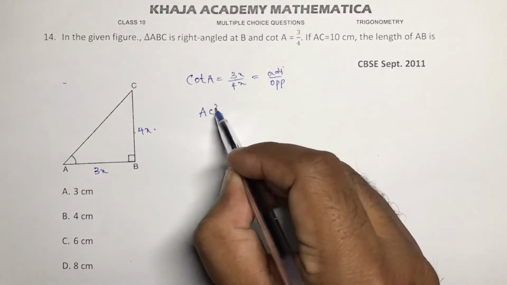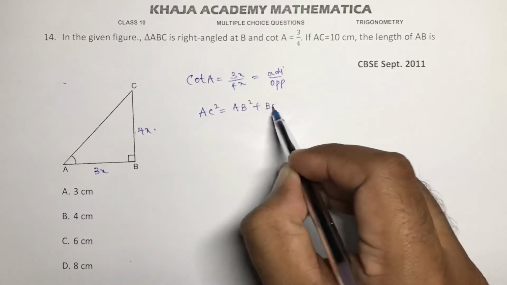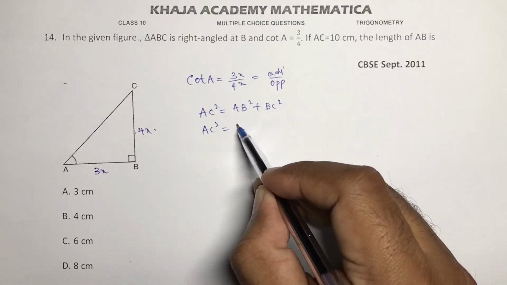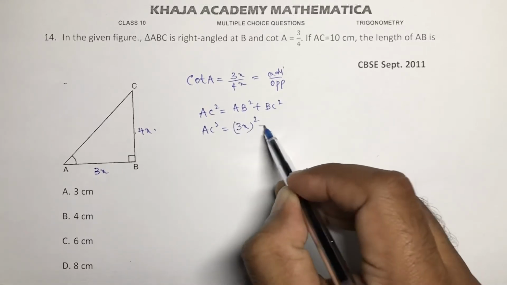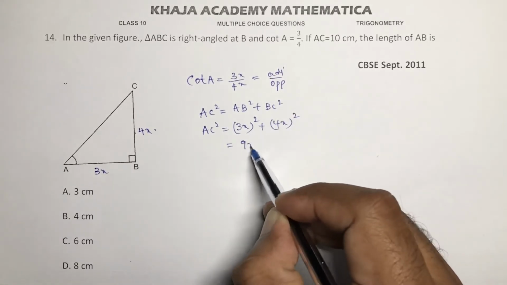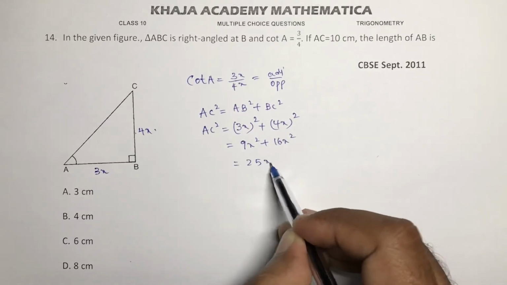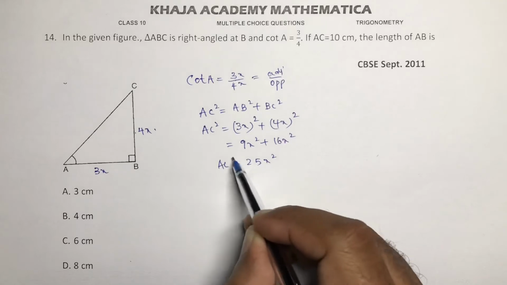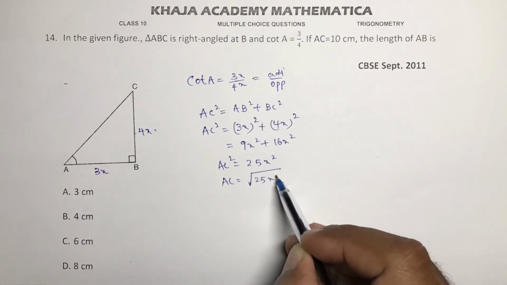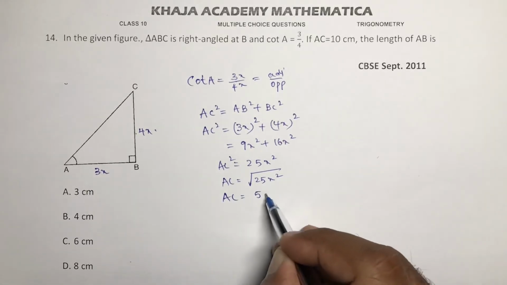So AC square equals AB square plus BC square. AB is 3x square, BC is 4x square. So this will be 9x square plus 16x square, 25x square. So AC will be root 25x square, which is 5x.